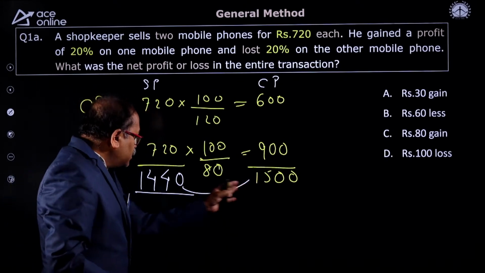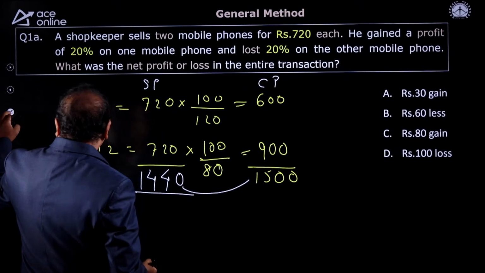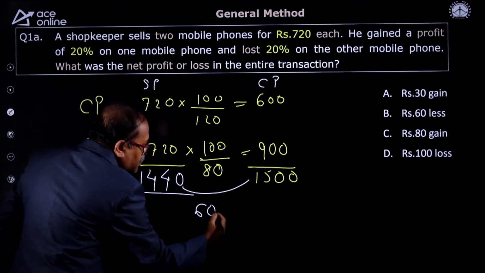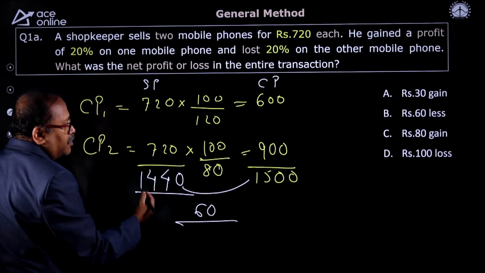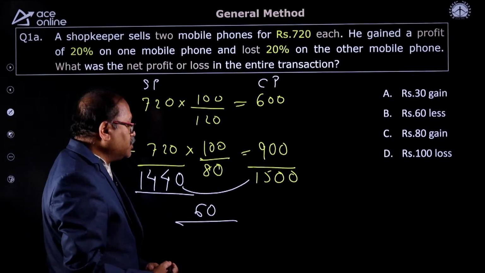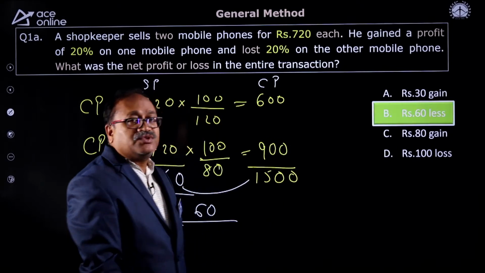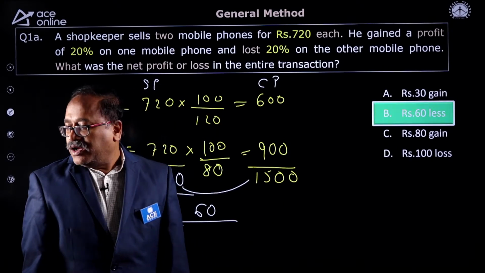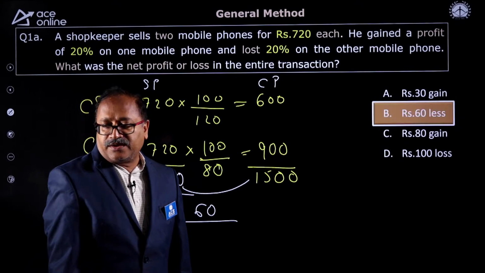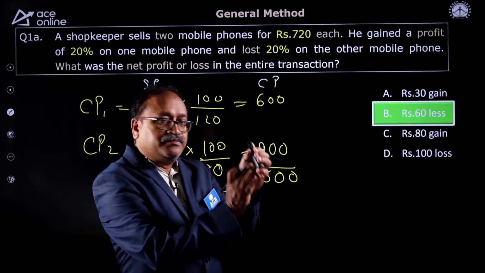How much loss? 60 is the loss. That's what you are asked to find out, the loss, and the loss is 60. So the loss is 60, option choice B, Mr. Sai and group, and here Kumar and group. Yeah, that's right. Well done.